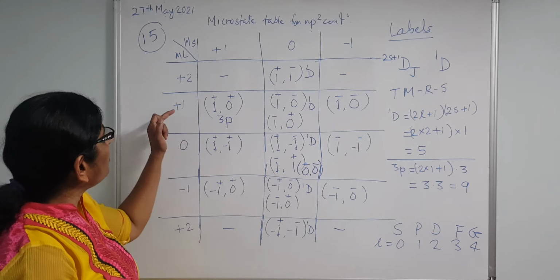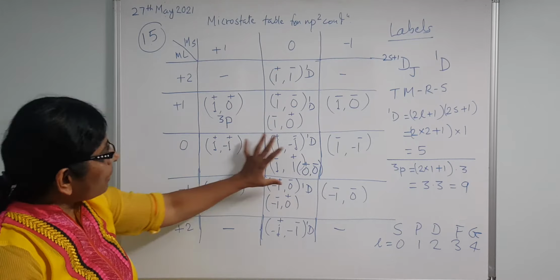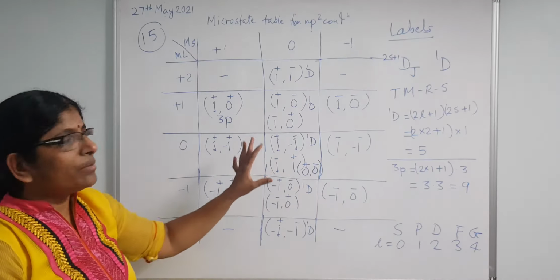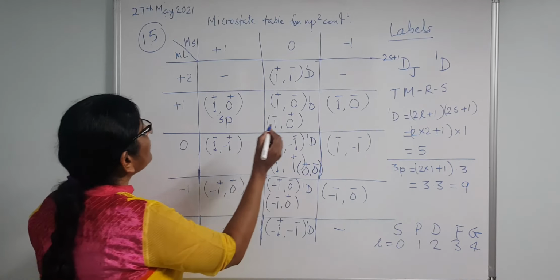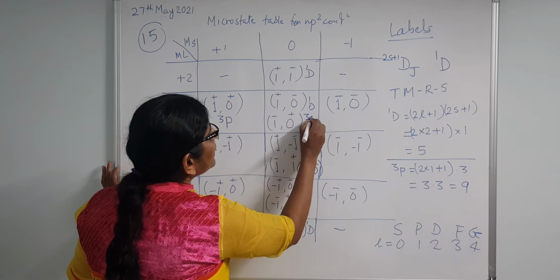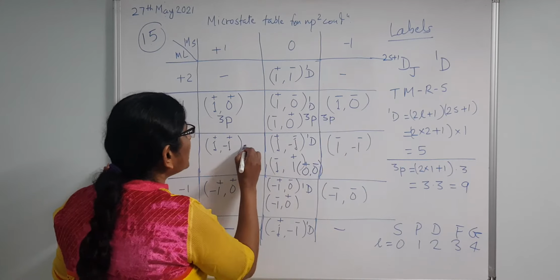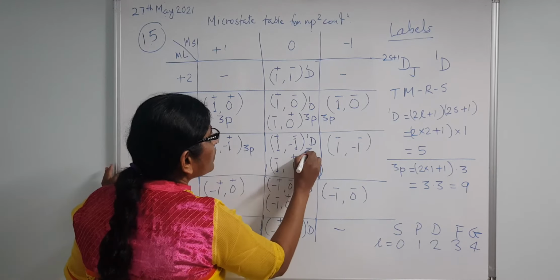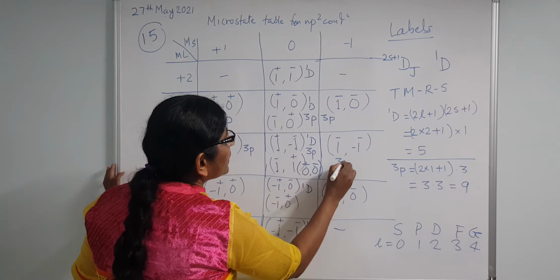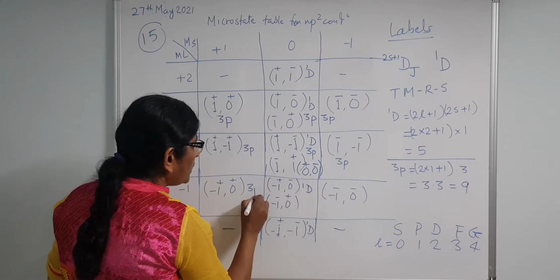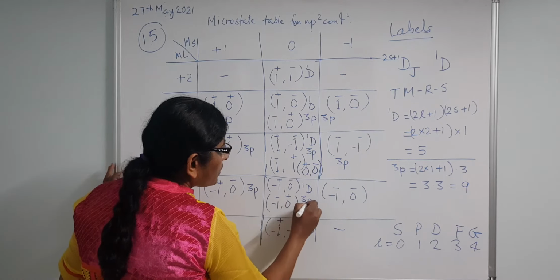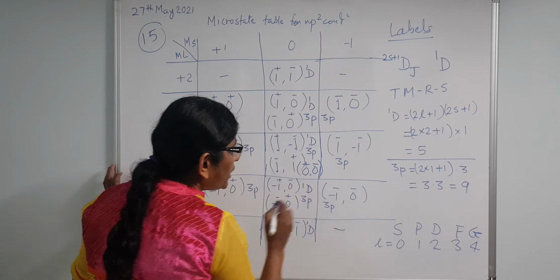If you see from plus 1 to minus 1, all those blocks will be 9. That means whatever table we have constructed is correct. So we label 9 microstates from plus 1 to minus 1, and those are 9 blocks only. So this is 3P, this is 3P, we write for each microstate label.